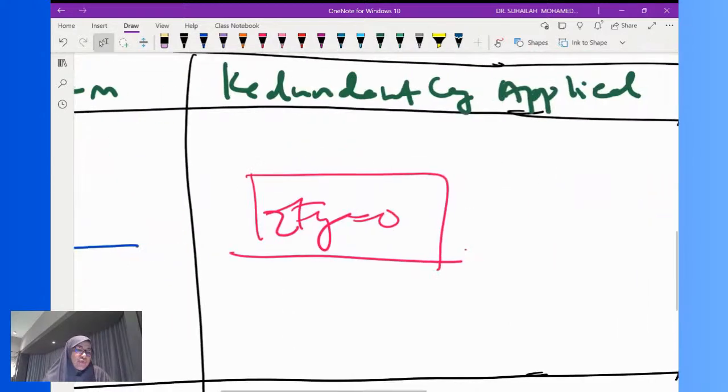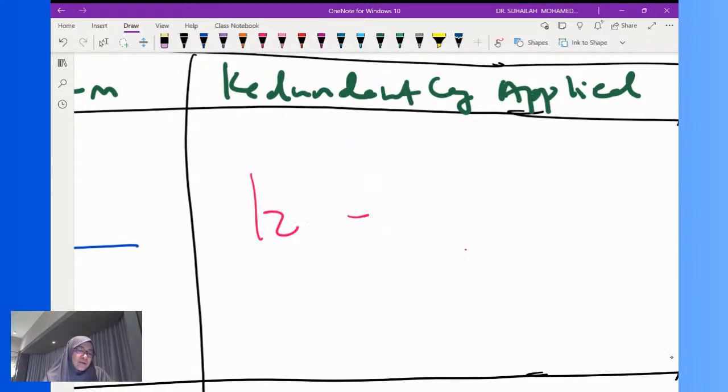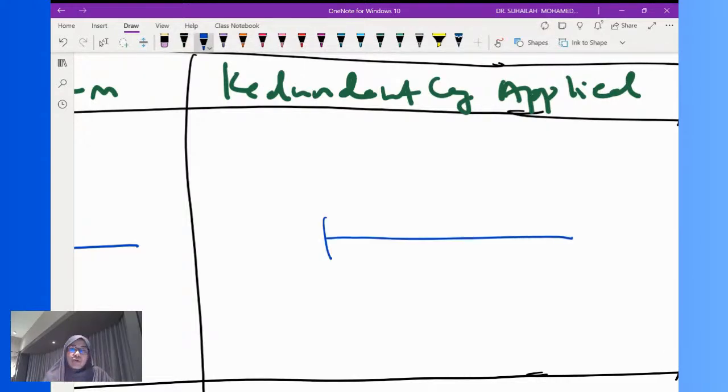We move to the reaction in the redundant beam. We have to have the same type of beam. It remains cantilever for both primary and redundant beam. The difference between these two types of beam is only due to loading.